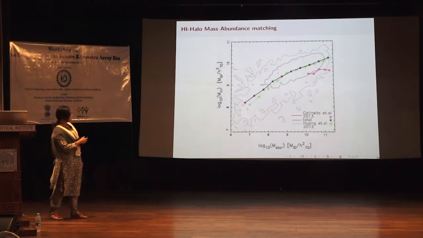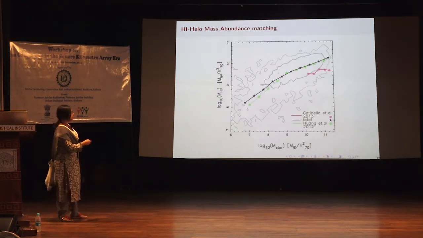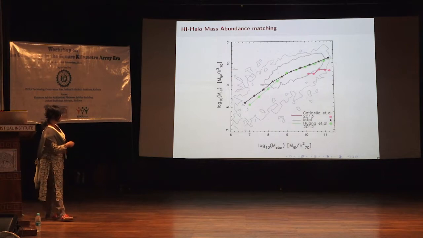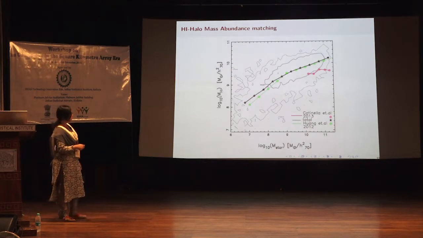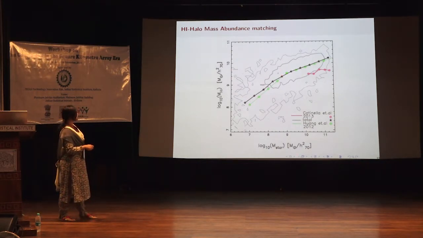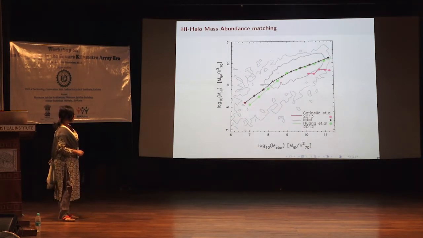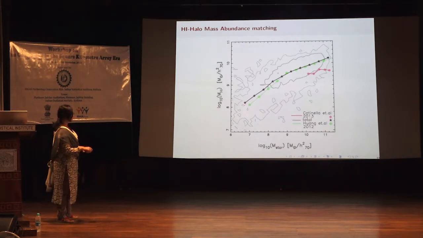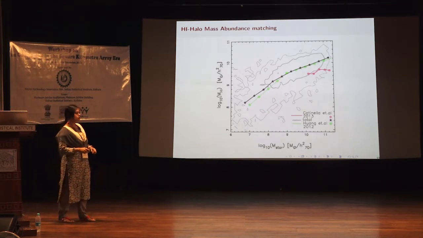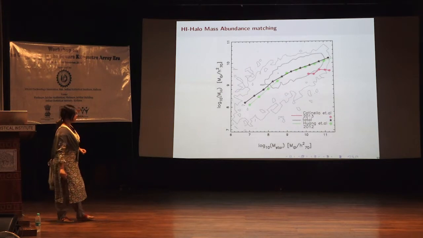Now, if we plot our ALFALFA galaxies in the M_H1 versus M star plane, these are the 0.5 and 1 sigma contours of that distribution, and these black stars are the binned values for this, and these green points are taken from Huang et al., which is also for the ALFALFA sample.